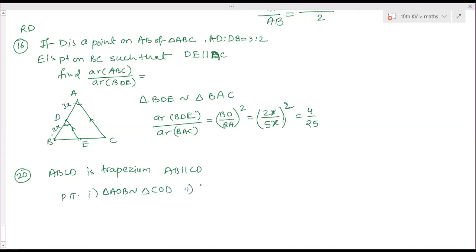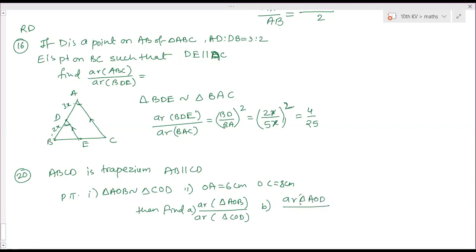Second part, if OA is equal to 6 centimeter and OC is equal to 8 centimeter, then find the area of triangle AOB by area of triangle COD. This is the first part. Second part, you have to find the ratio of area of triangle AOD divided by area of triangle COD.